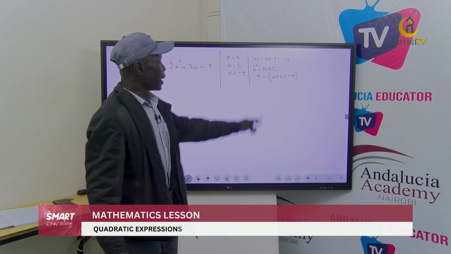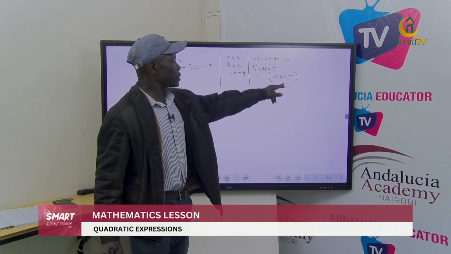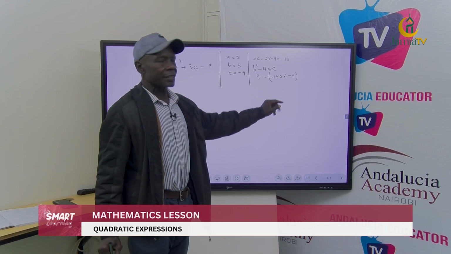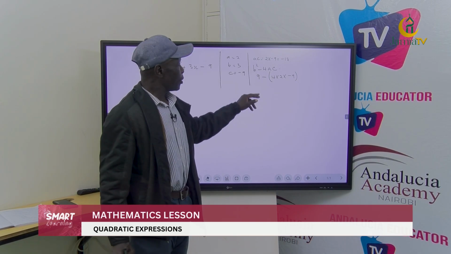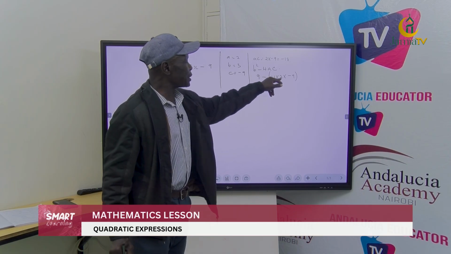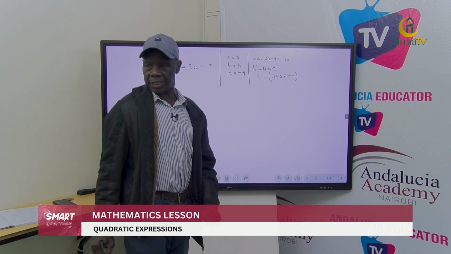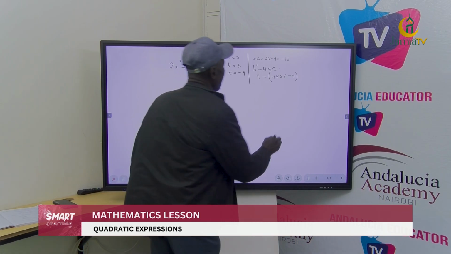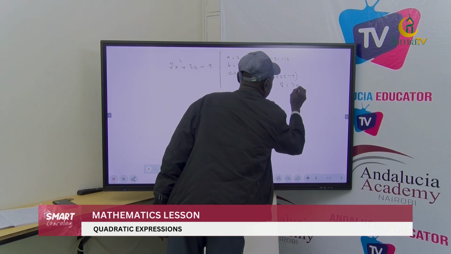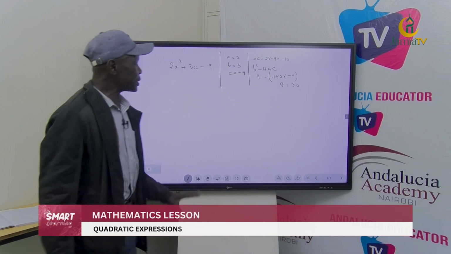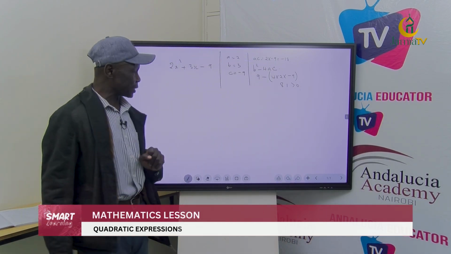This is 8 times negative 9, which is negative 72, and when it is minus negative, it becomes positive. So we are going to get 81, which is greater than 0. So it means that we are going to have two factors.